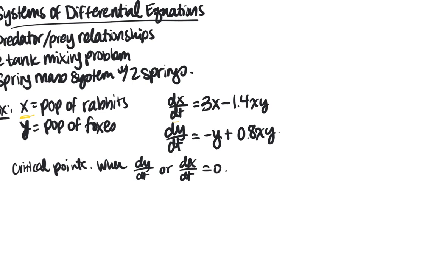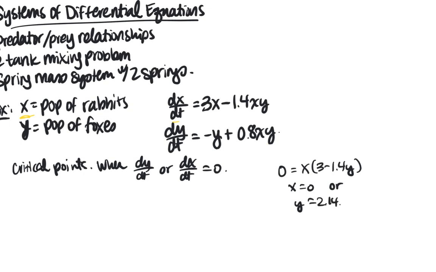So if dx/dt were 0, then I would have 0 equals x times (3 minus 1.4y), and I can factor out that x. So that happens when x equals 0, or when y is equal to 2.14.